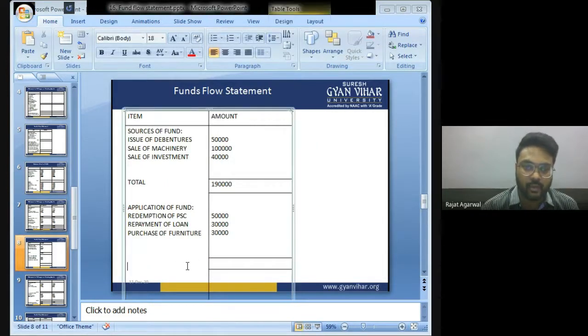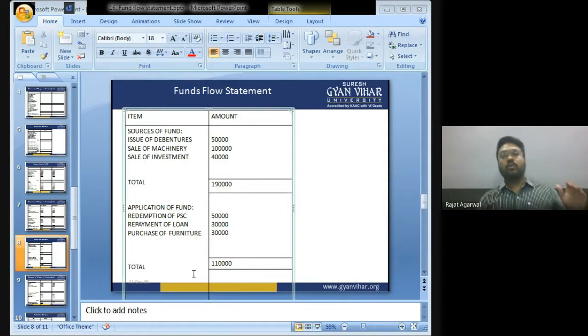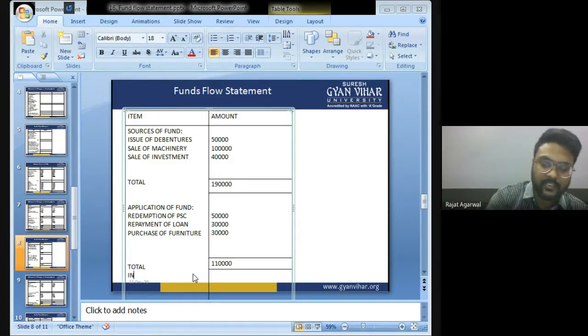So now let's make a total of this. 50,000 plus 30,000, 80,000 plus 30,000, 1,10,000. So 1,90,000 minus 1,10,000 is 80,000. It means increase in working capital 80,000.